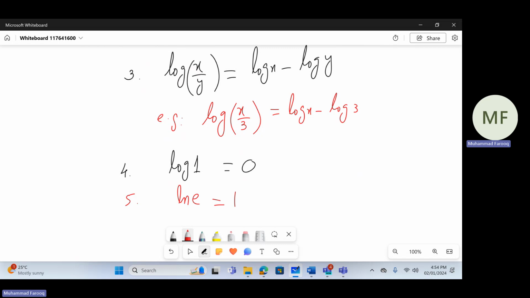How much is ln 0? Tell me. Of course, it is undefined, but when we say undefined there are two options.